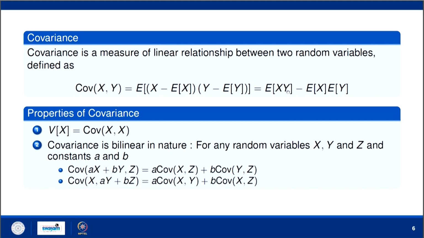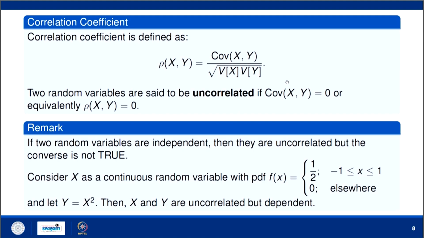Now, what is expectation of x cube for this problem? For this problem, expectation of x cube will be the integral from minus 1 to plus 1 of (1/2) x cube dx. Okay. But x cube is an odd function, so it is directly 0. And similarly, expectation of x is again 0, because that is nothing but the integral from minus 1 to plus 1 of x into f_X(x) dx, which is again an odd function.